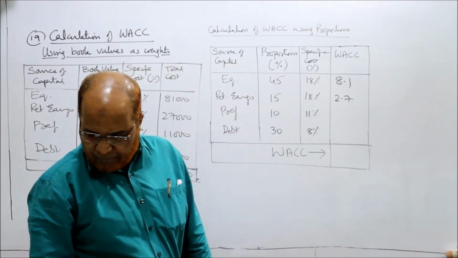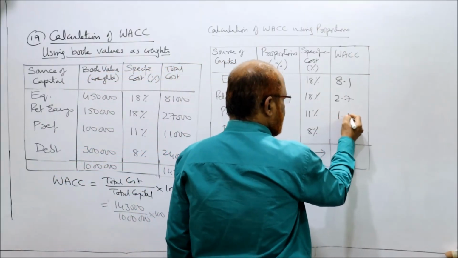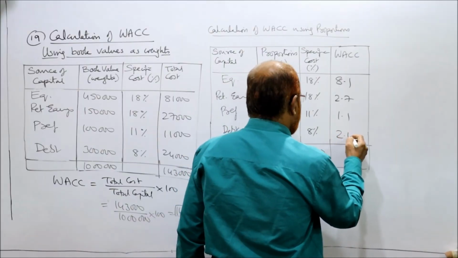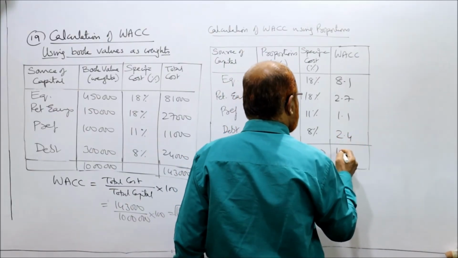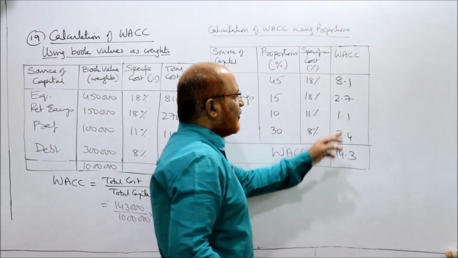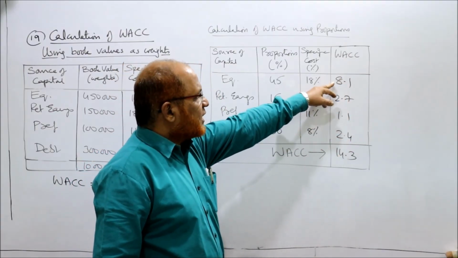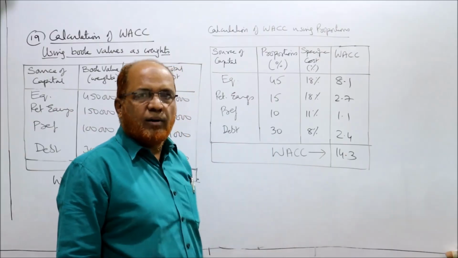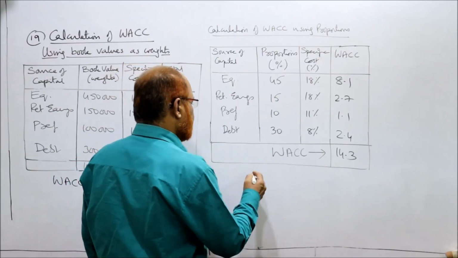Then 10 into 11%, 1.1. Last one 30 into 8%, 2.4. Total is again 14.3. If you find out the total of this, 8.1 plus 2.7 plus 1.1 plus 2.4, you are going to get 14.3.